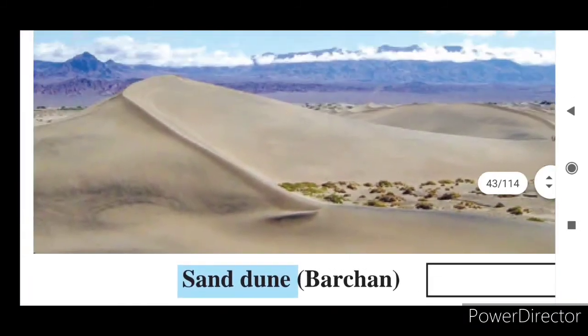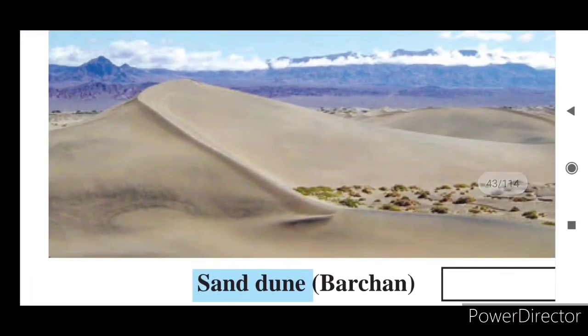Then sand dunes are formed. Sand dunes means what? When the wind is flowing, the wind carries these sand particles, and when the wind reduces speed, all the sand, that sand is also in a large number, huge quantity, all the sand is deposited at one place.